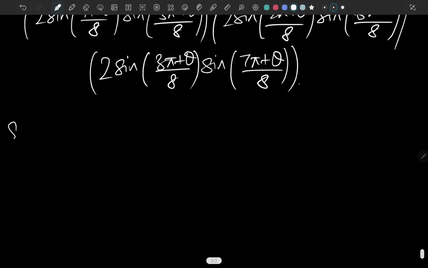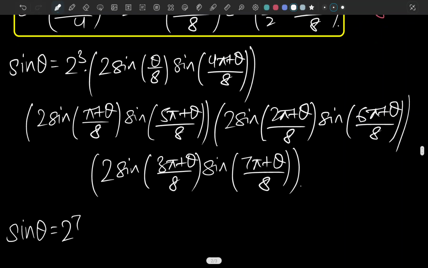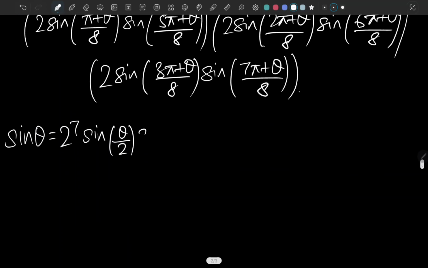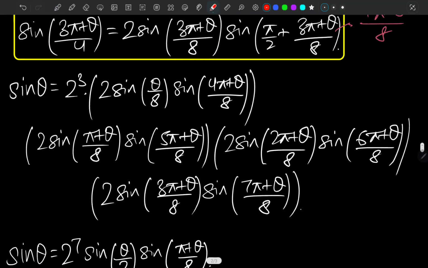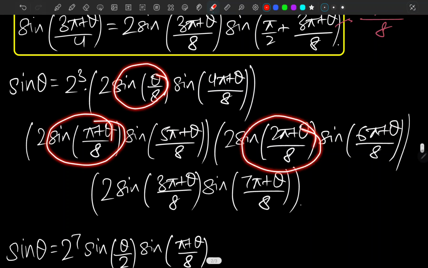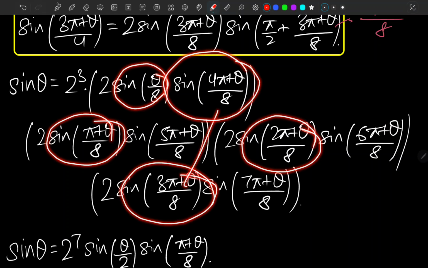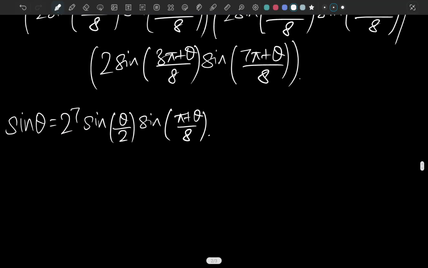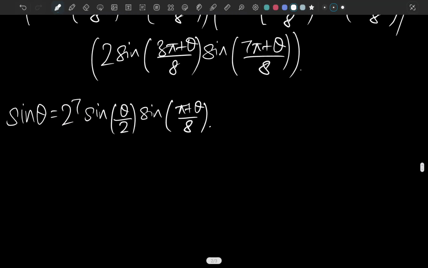That gives us sine of θ is 2 to the 7 now, and again we have these kinds of terms. Let me write that in a better way: sine of θ/8, then sine of (π + θ)/8. I jumped from this one to this one and then come back, but actually I'm just moving in order of the multiple of π, starting from 0, then first, then second.